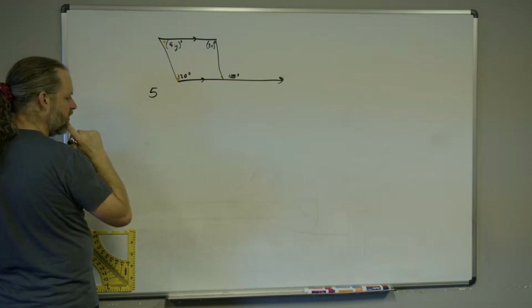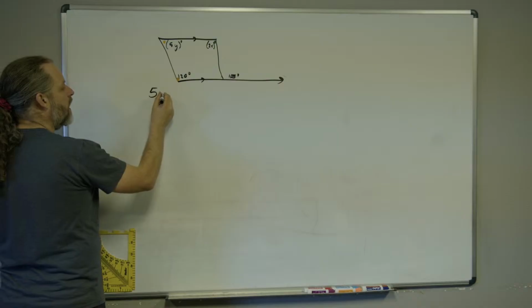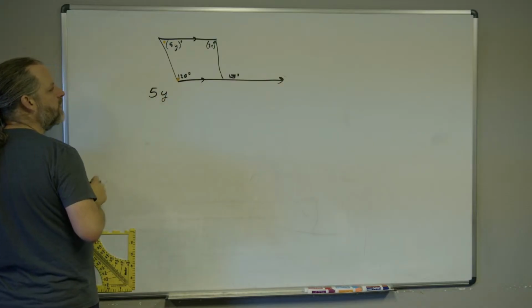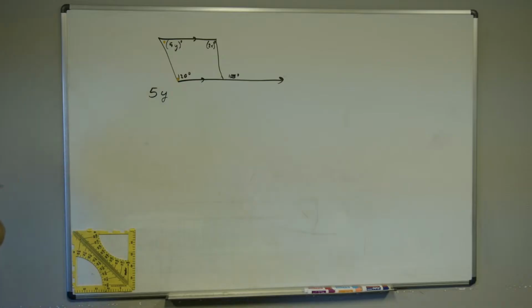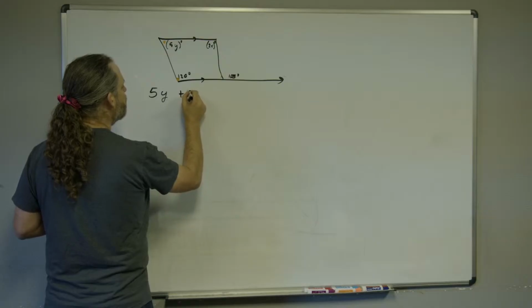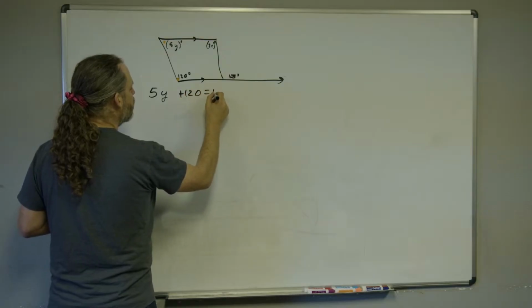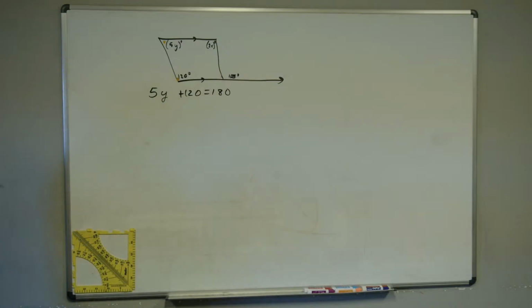5y, right? And then what about the 120? How do we get to 180? Are we multiplying or adding? Adding. So 5y plus 120 equals 180. That's an easy peasy equation, right? We've been doing that since junior high.